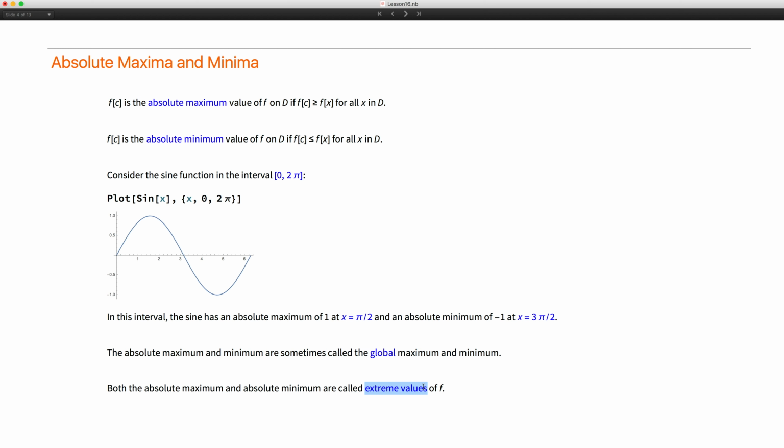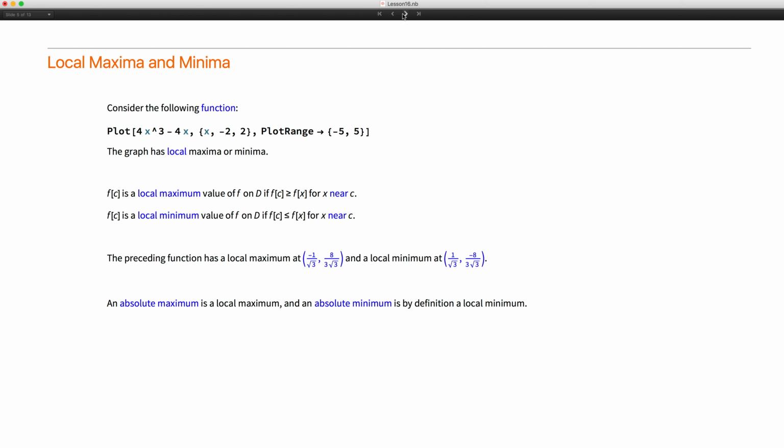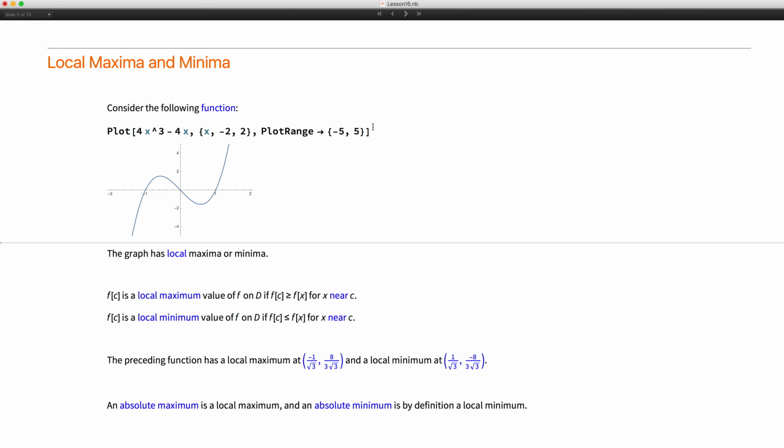Now, in this case, we are lucky we had an absolute maximum and an absolute minimum. But in general, the best that you can hope for are so-called local maxima and minima. For example, here is a cubic function, and you can see quite clearly that this graph has local maxima and minima.